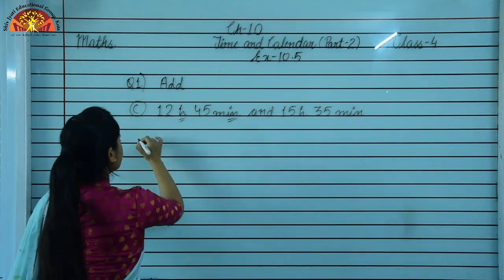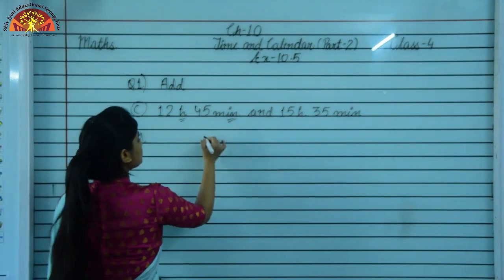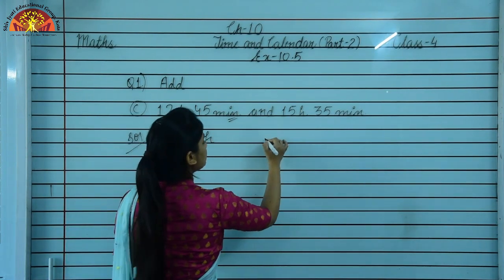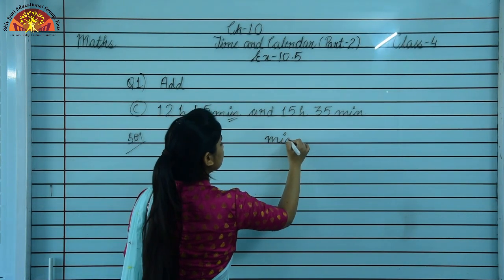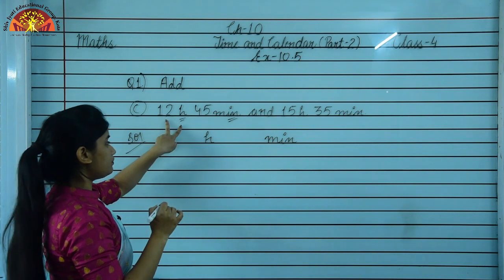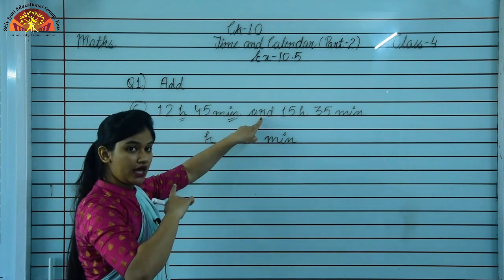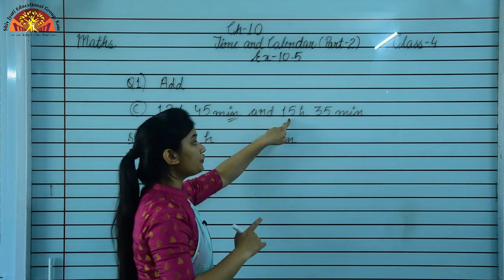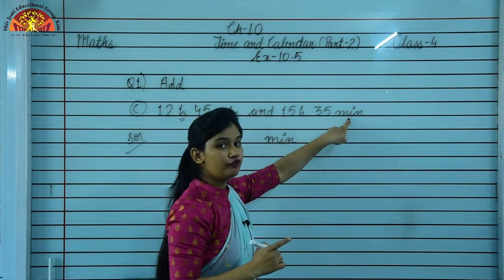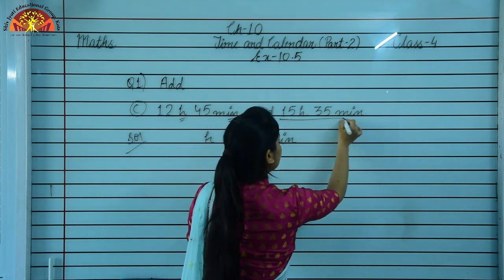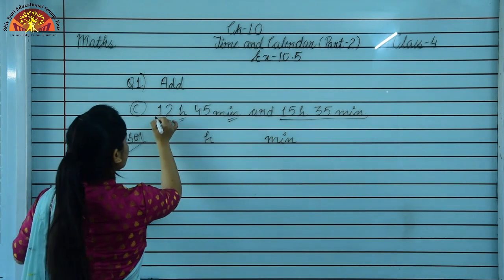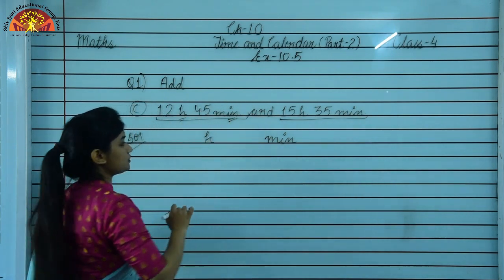So first of all I am going to write hours and minutes. The first number is 12 hours 45 minutes and we have to add this number to 15 hours 35 minutes. This is one whole number and this is also one. Okay.